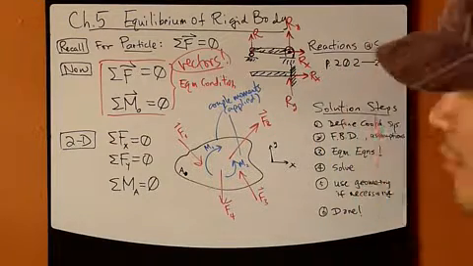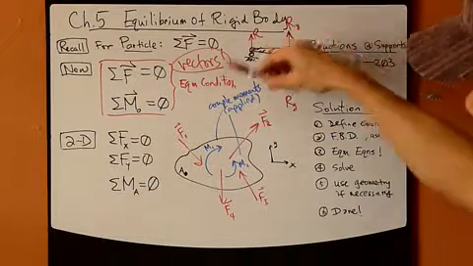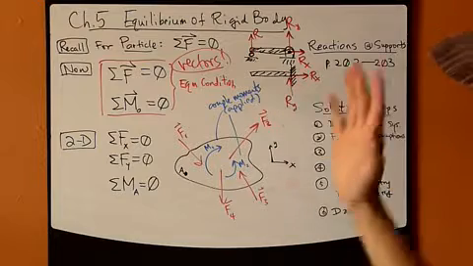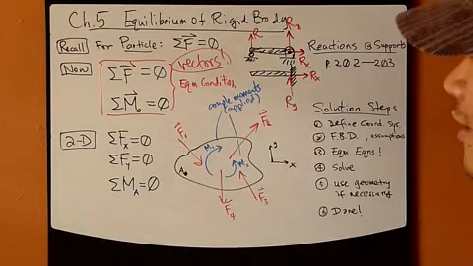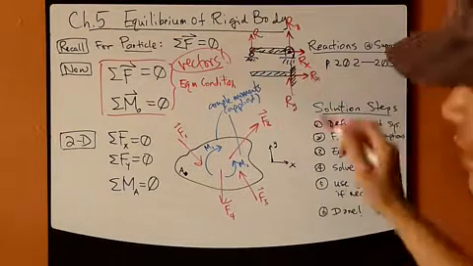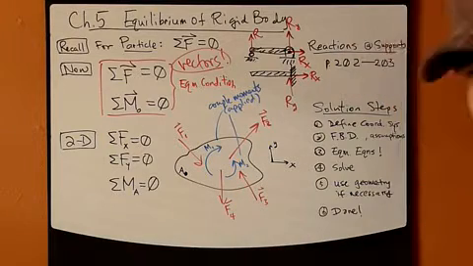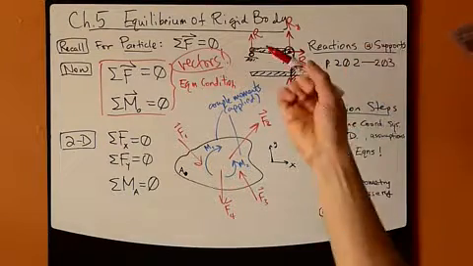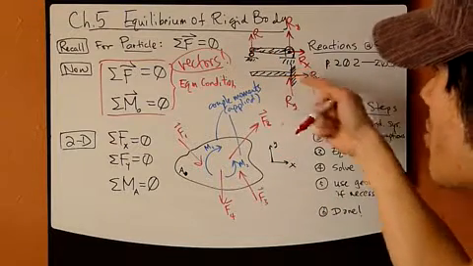But at the same time, since I'm not allowing this rigid body to rotate, think about the rotational motion, rotational resistance. At this point, this rigid body will also have a counter moment, to take into account the resistance to rotation, because I don't allow it to rotate.